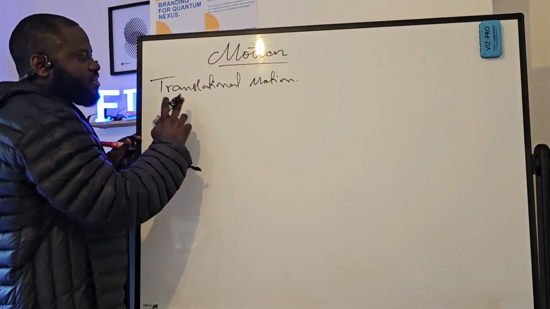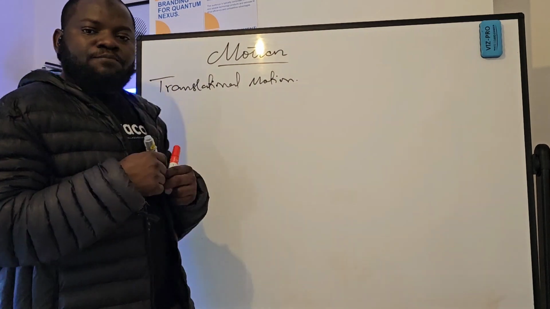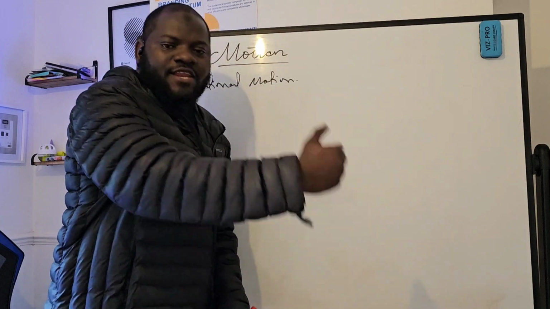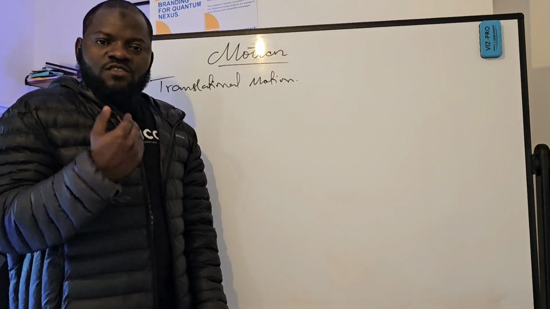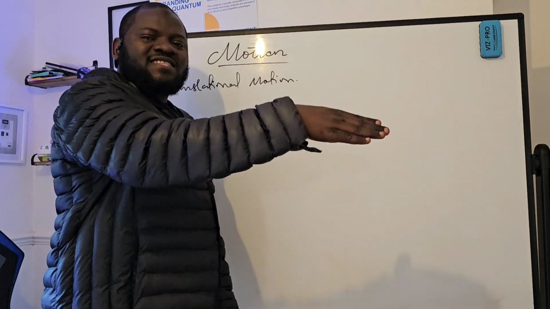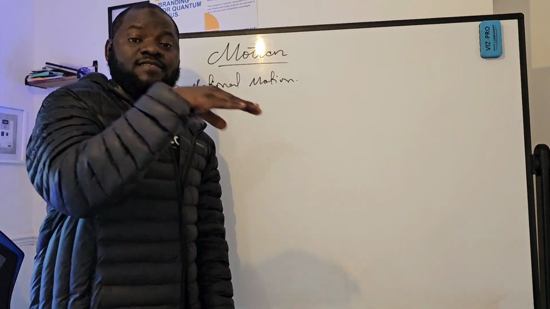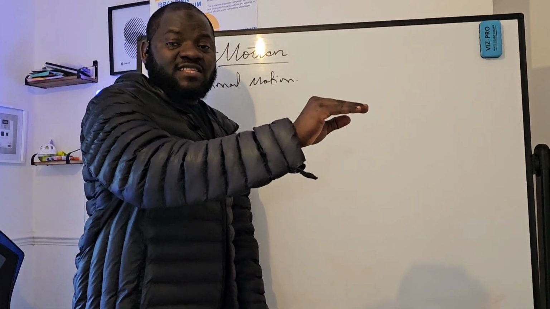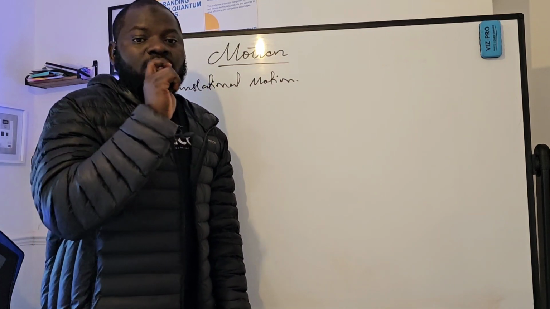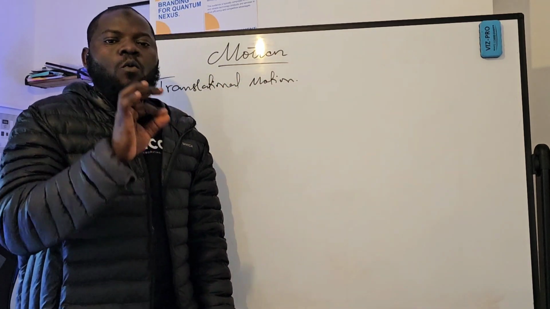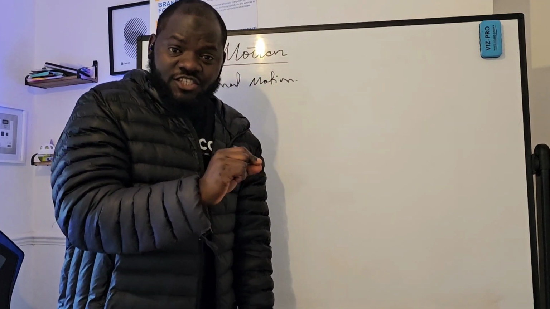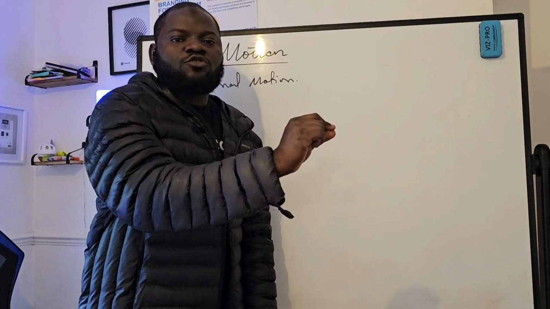When I say a motion is translational, what it simply means is that that motion occurs in the direction that they want it to occur. It's not necessarily a straight line, because most times when I say translational or rectilinear, what we usually think of is a straight line. It can be straight, it might not be straight. Am I making sense?